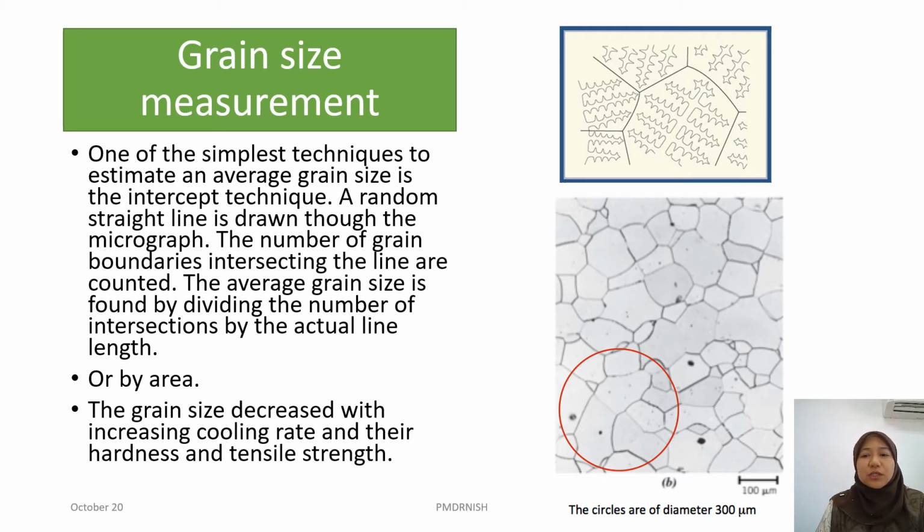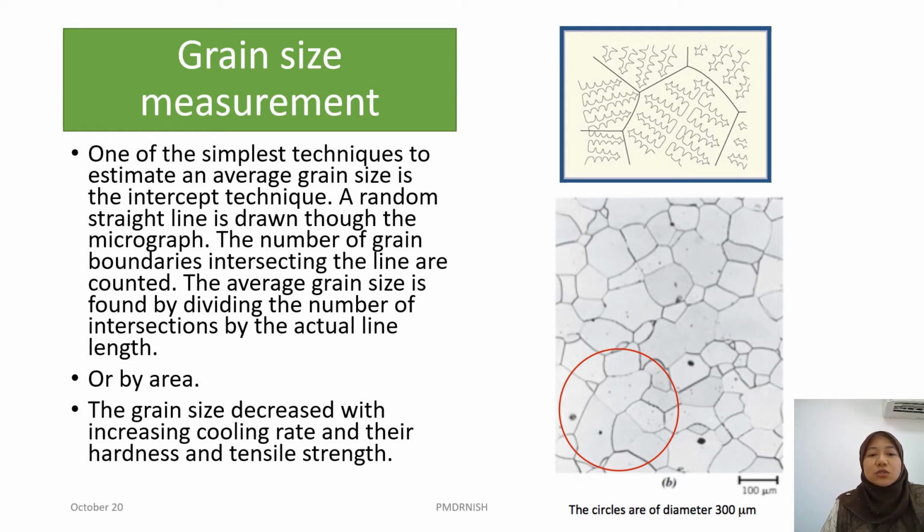So that will basically give you the average diameter of the grain. Definitely the grain size is different in one particular area, but this measurement will give you the average diameter.